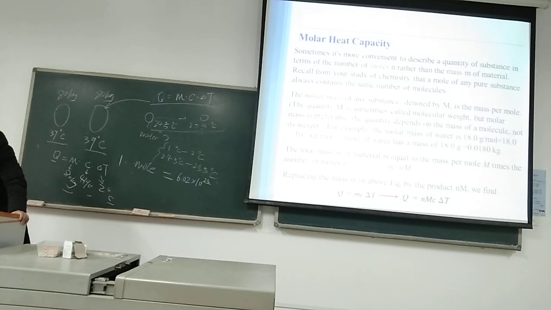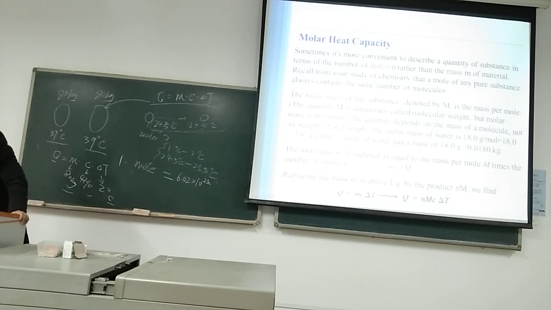For example, the molar mass of water is 18 gram per mole, which means 1 mole of water molecules has a mass of 18 gram, or 18 times 10 minus 3 kilogram, which is 0.018 kilogram.